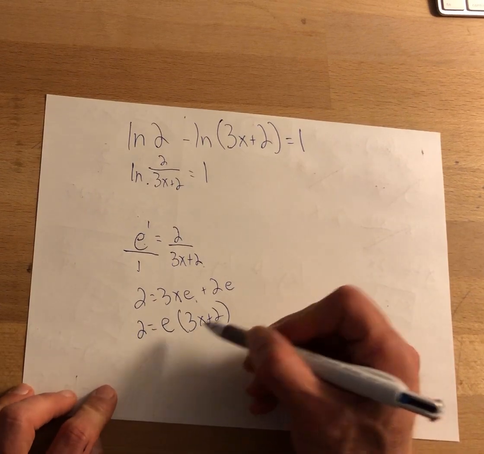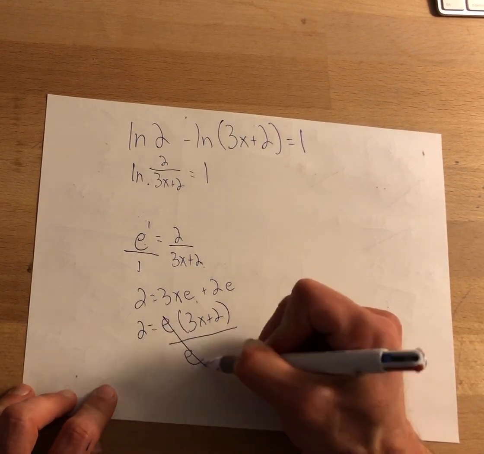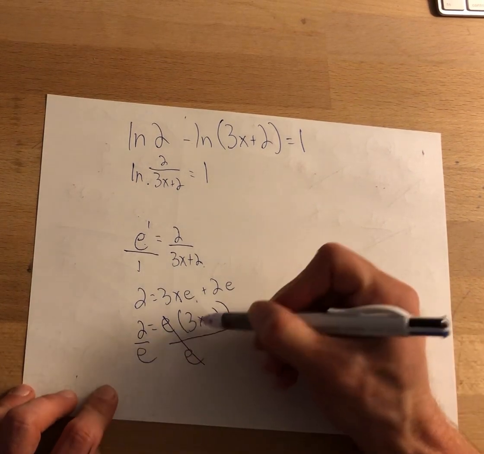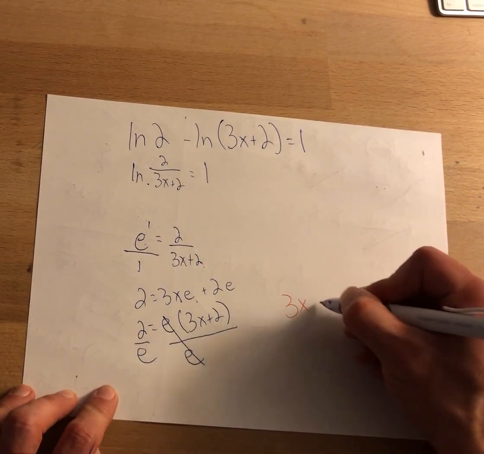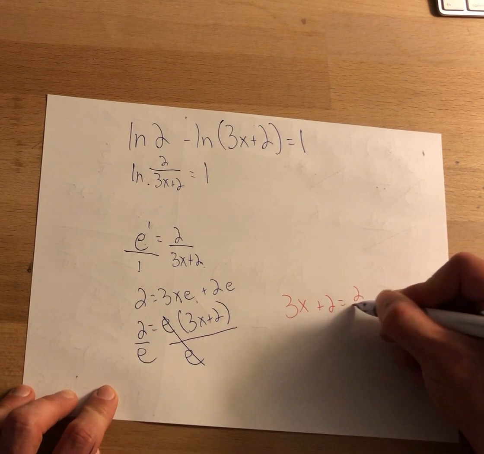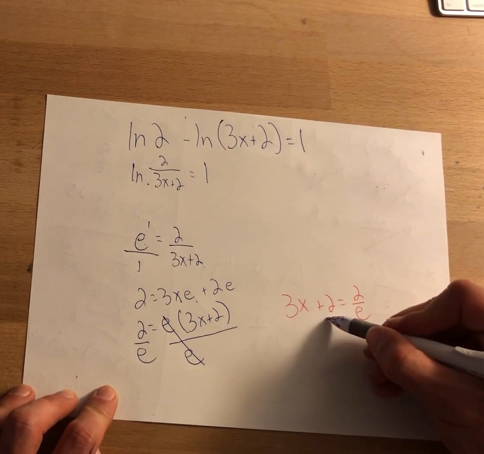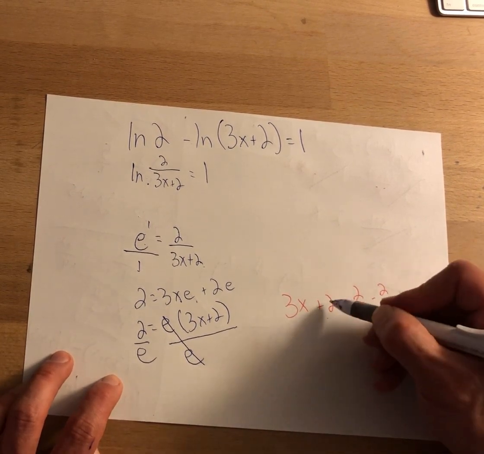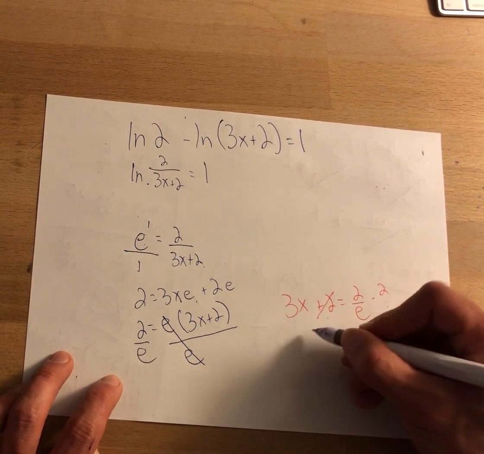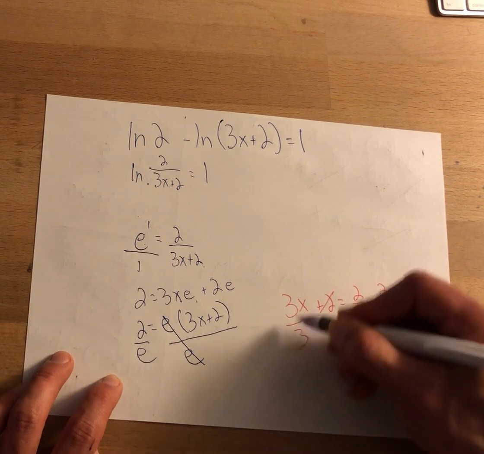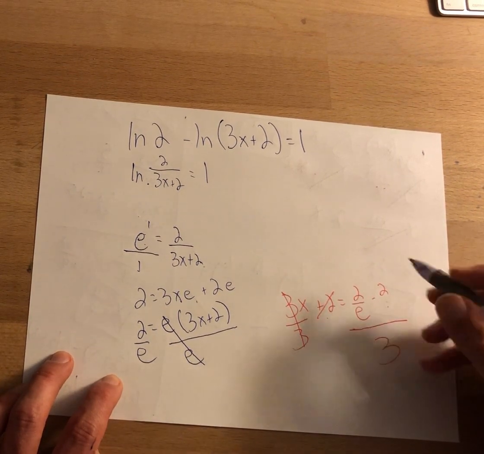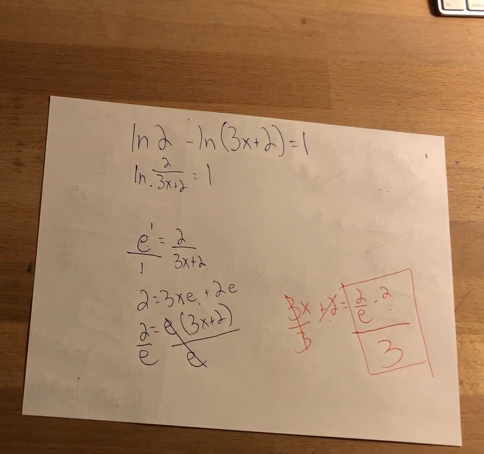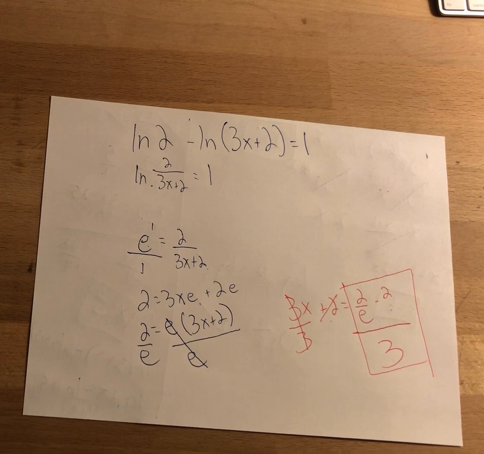Now what I'm going to do is divide both sides by e to get rid of the e, giving me 3x plus 2 equals 2 over e. Next step, subtract 2, and then divide by 3. So my x equals, you can leave it just like this, 2 over e minus 2 over 3. And then that's it.